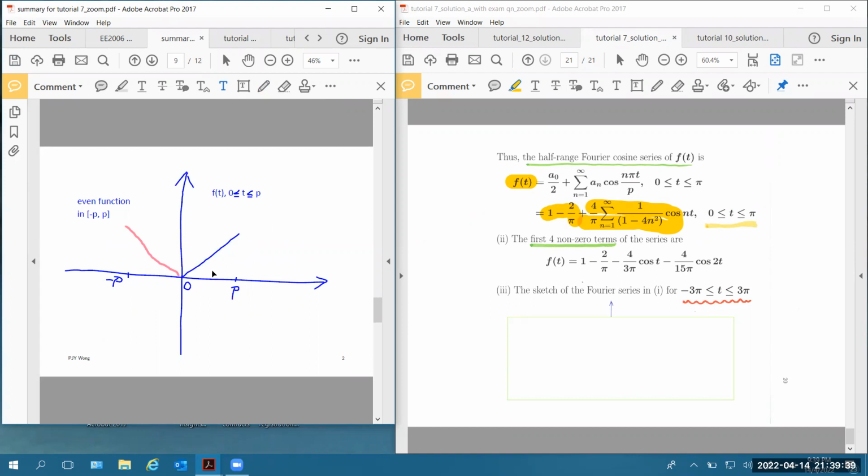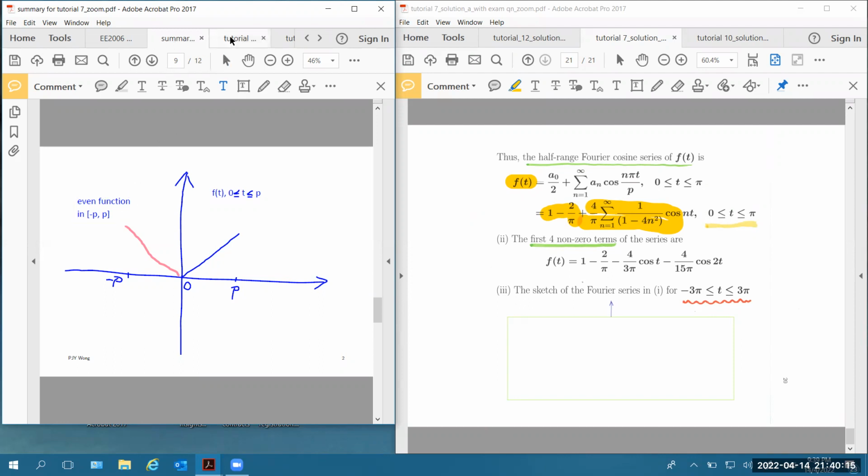Of course, just now ours one is not like that. It's another curve. You extend it, make it an even function. All right, you make it an even function, and then you say, oh, you got an even function in -p to p. You assume that this is 1 period, and then you go and write the Fourier series, right? Okay, so you actually want to make it an even function, and that is 1 period of a periodic function. Okay, you want to make it an even function.